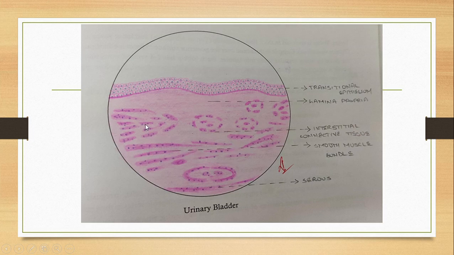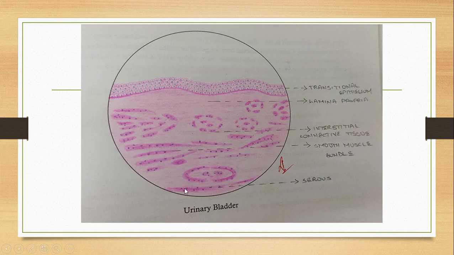So there are three layers, not like the ureter. The ureter has two layers of smooth muscle; here the urinary bladder has three layers of smooth muscle, with circularly running smooth muscle bundles forming the middle layer. The external-most layer is the serous layer or the adventitia.